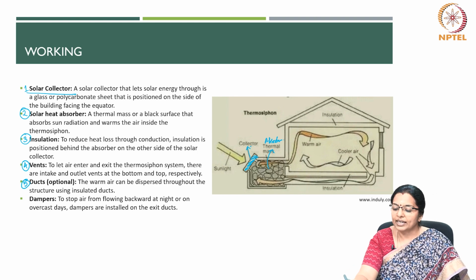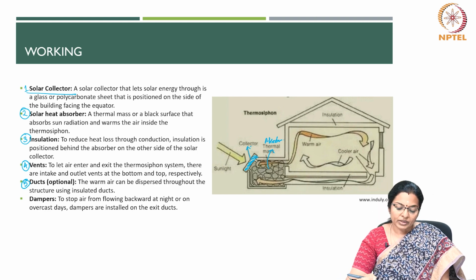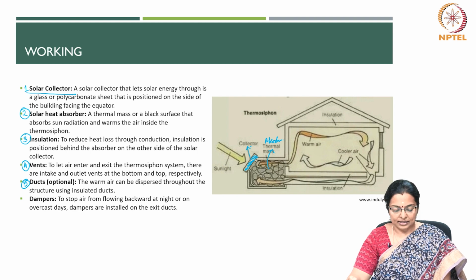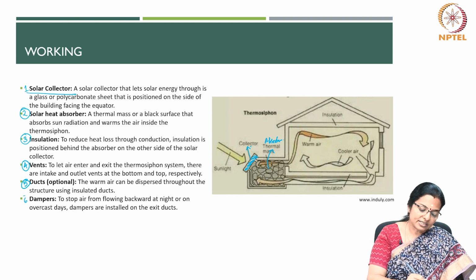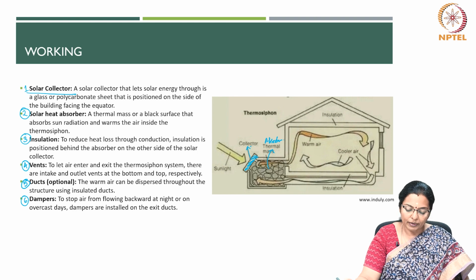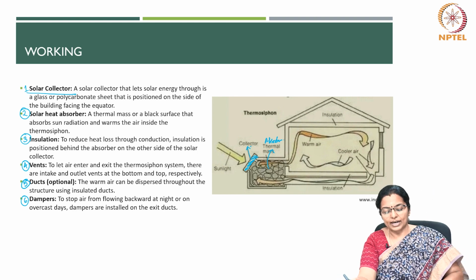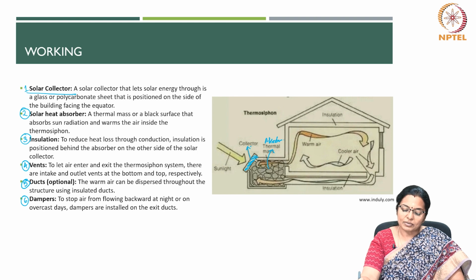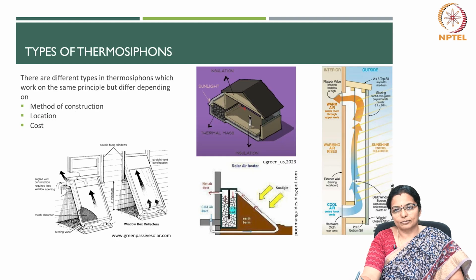The warm air can be dispersed throughout the structure using insulated ducts. Dampeners are needed to stop air from flowing backward at night or on overcast days. These dampeners are installed on the exit ducts.